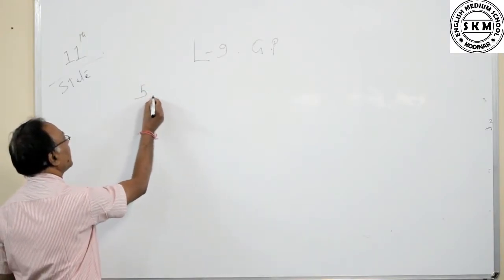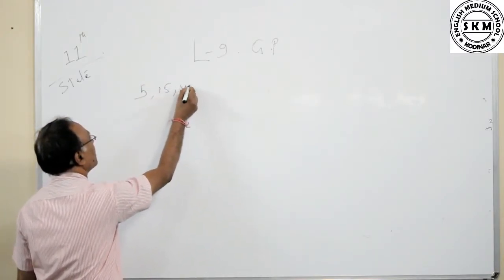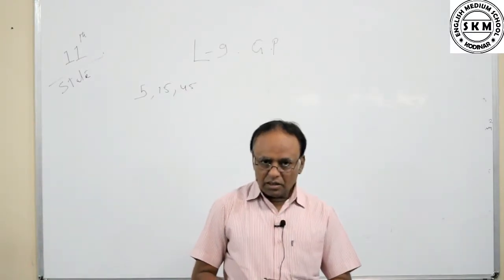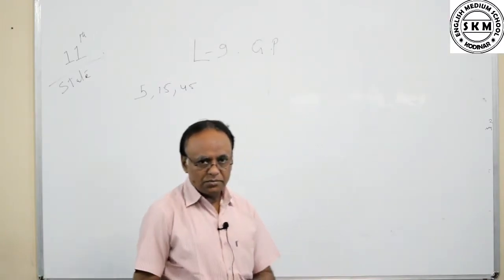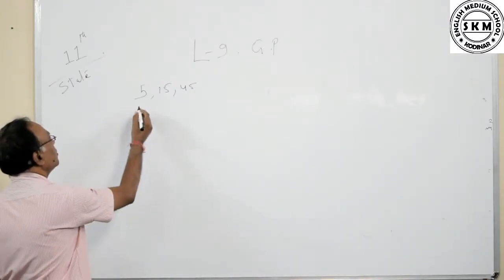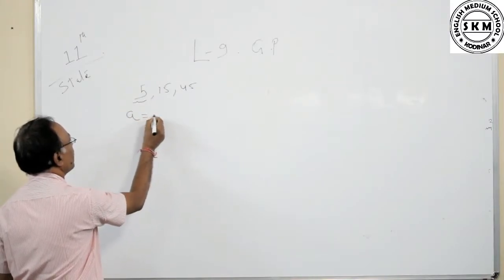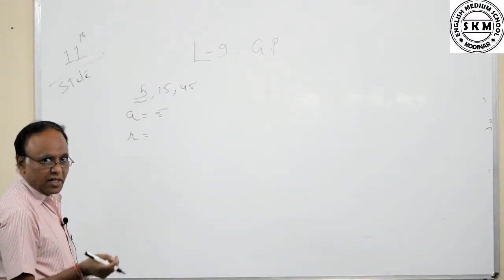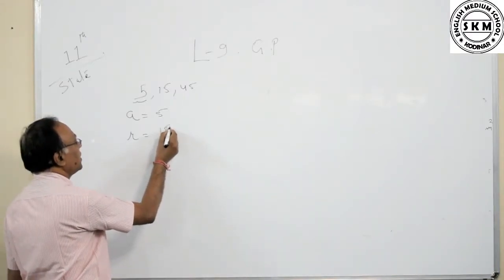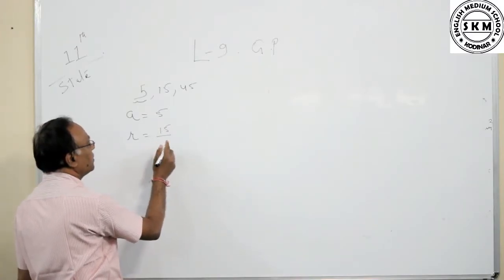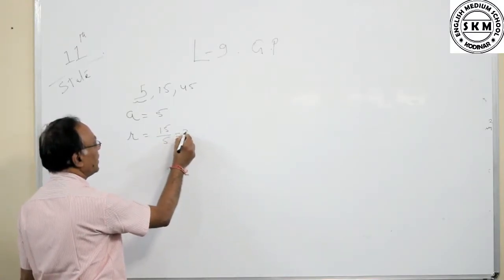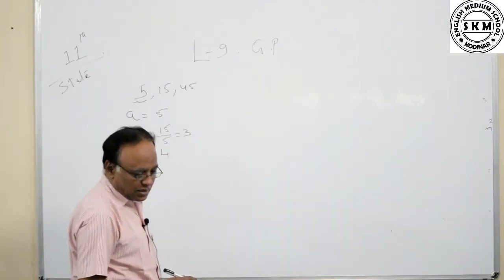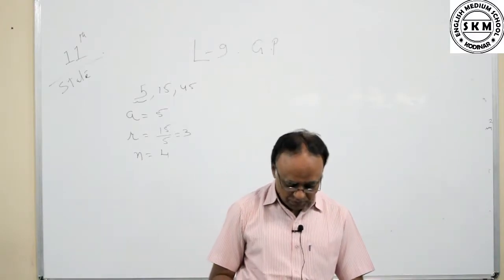Now the first term is denoted by A, so A is equal to 5, R is equal to the ratio, second term divided by first term, or third term divided by second term, is equal to 3, and n is equal to 4 terms.